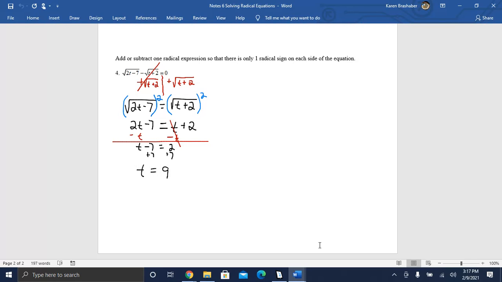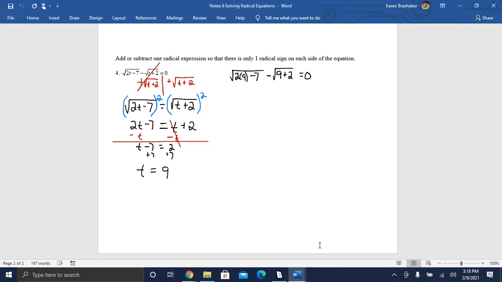We want to check and make sure that that does work. So the square root of 2 times 9 minus 7, and then minus the square root of 9 plus 2. And we just want to make sure that that equals 0.